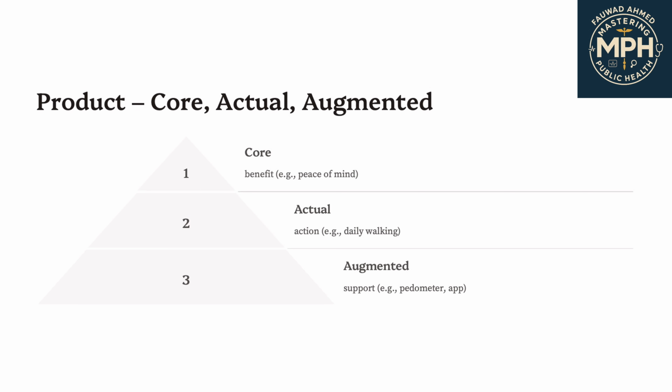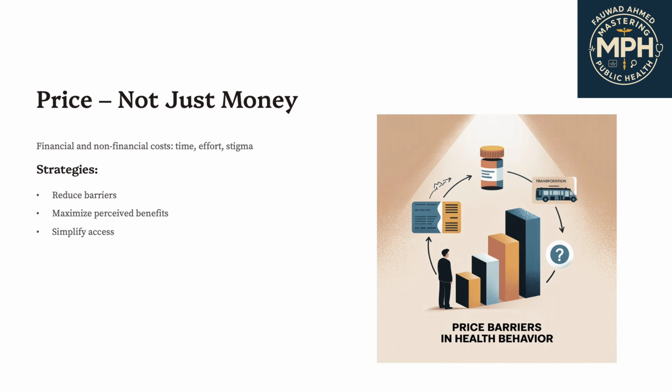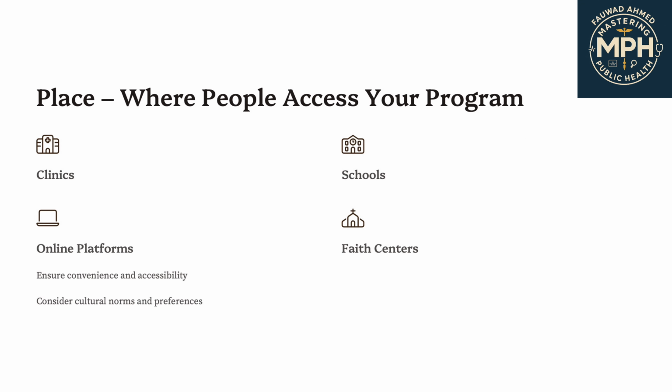2. Price second is, price is what the individual must give up, not just money. It could include time, effort, embarrassment, or lost convenience. If the perceived cost is too high, they won't buy. Planners must reduce barriers and ensure that benefits outweigh costs. That's why pricing strategy is as much about removing obstacles as setting a literal price. 3.